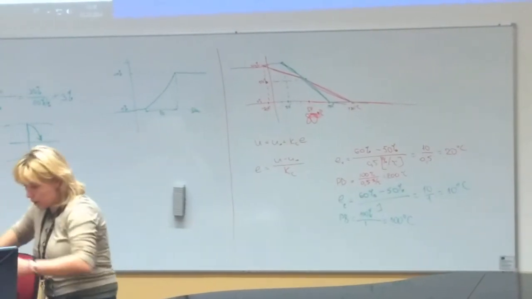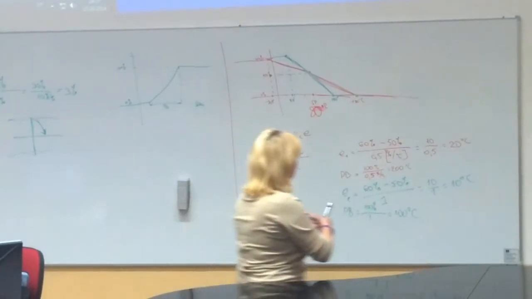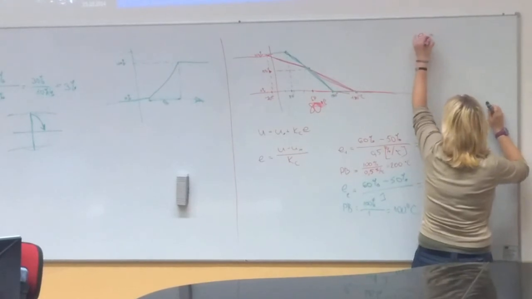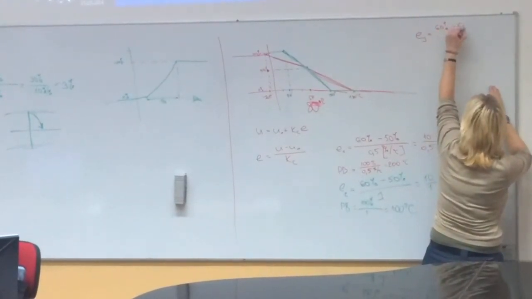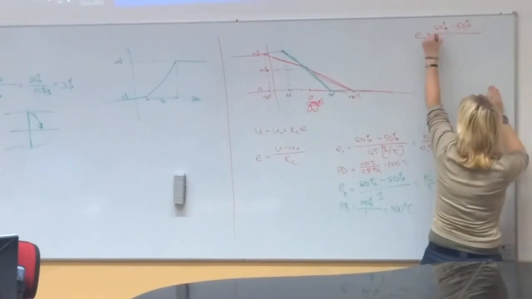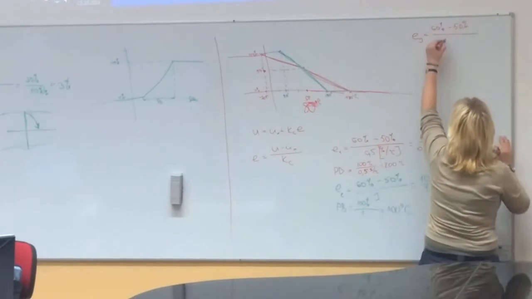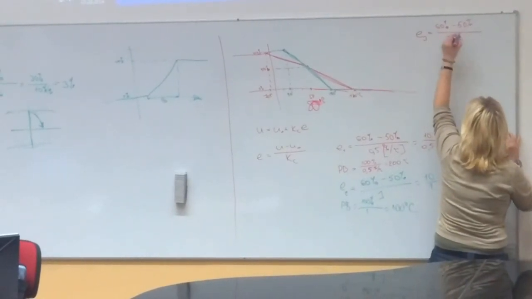The first one is 30 and the second one is 130. Now for the third case, again, 60 minus 50 divided by, what is the third case? We have 2% per degree Celsius.